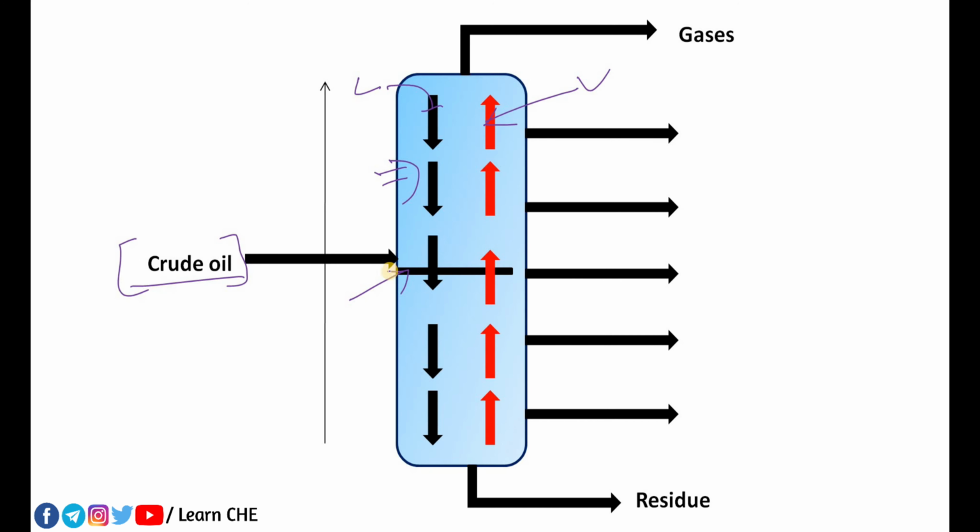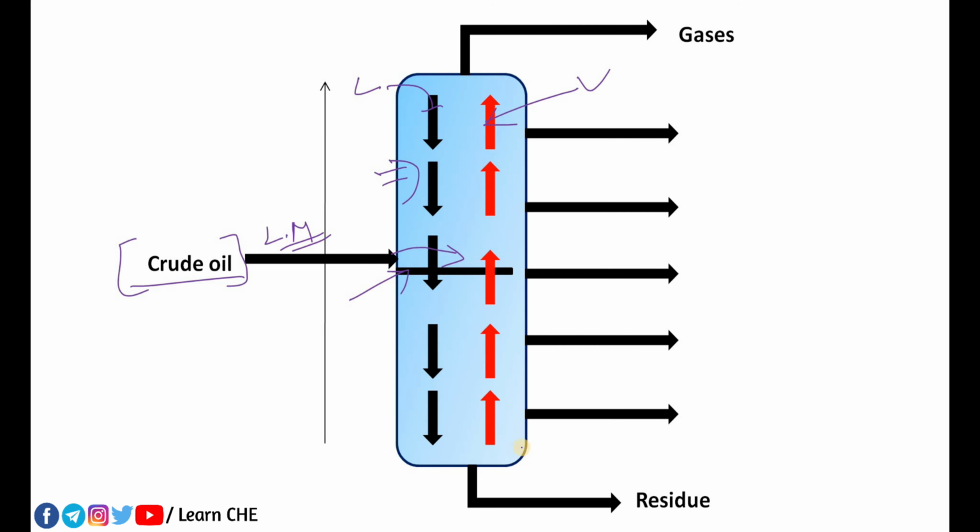If you have a feed mixture in liquid form, that liquid mixture may be preheated and goes into the feed plate, and from the bottom side we have also used a reboiler. A reboiler is used to supply heat.